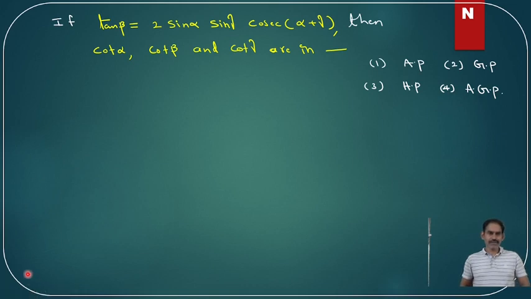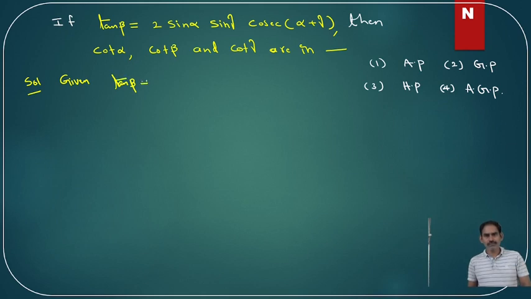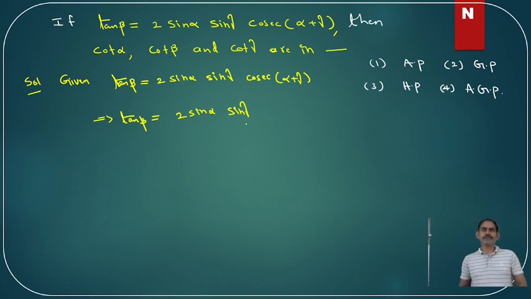First, write the given expression here. Given tan beta equals 2 sin alpha sin gamma cosecant alpha plus gamma, which I can write as 1 by sin alpha plus gamma.